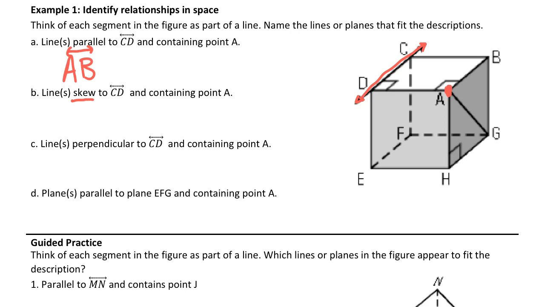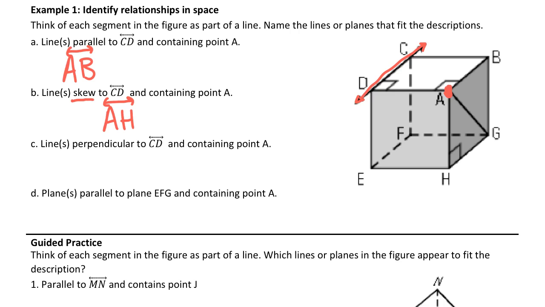Skew lines. Skew lines are lines that do not intersect but are not part of the same plane. So in this case, a line that is skew and contains point A would be line AH. So AH would be an example of a skew line.